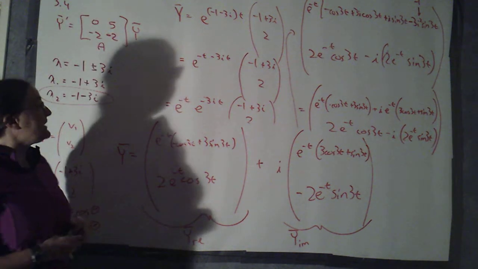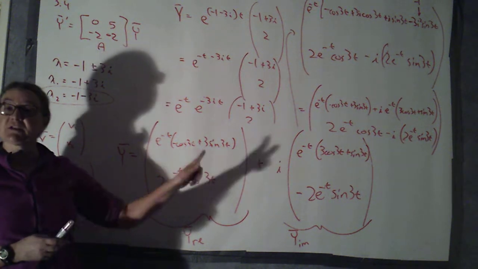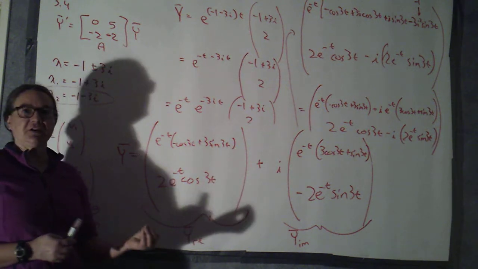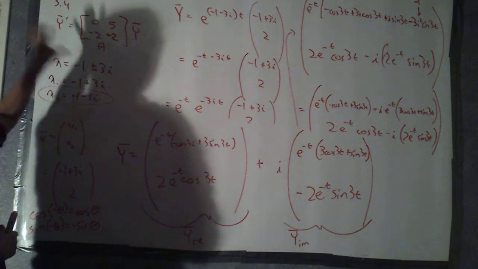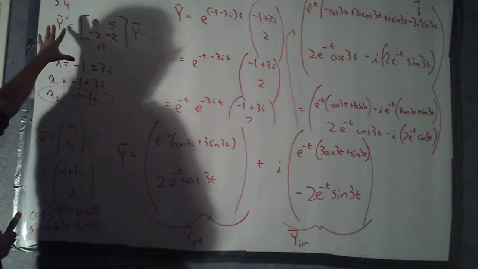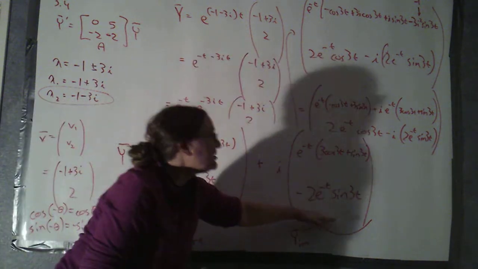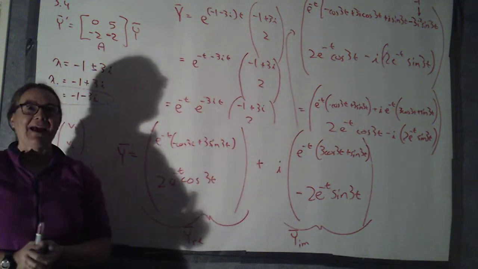I'm going to leave it as an exercise for you to verify that that works for these particular examples. When we come back, we're going to prove that in general, if you have a complex solution to a real valued differential system, like a linear system like this, then the real part and the imaginary part will both be real solutions to that. Come back, that's going to be exciting.